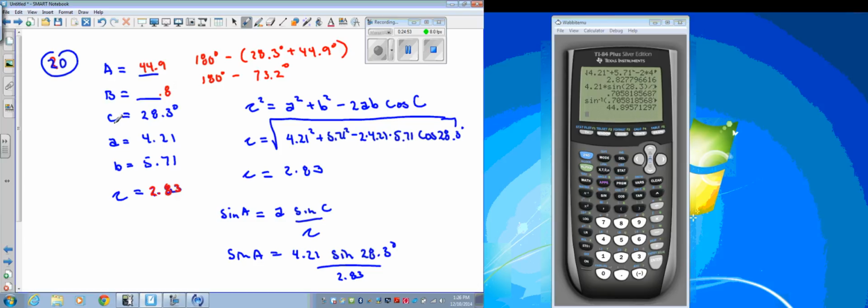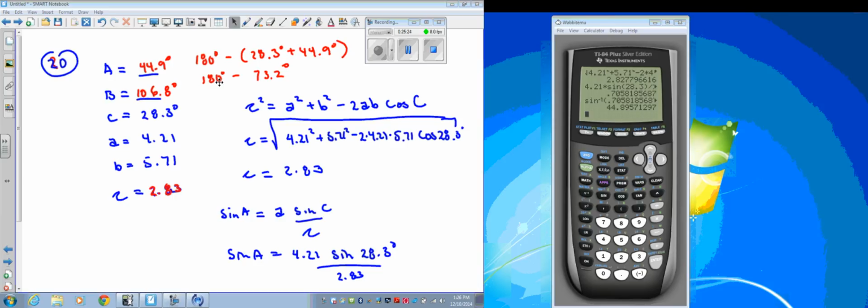Plus 0.8. Is it 106, right? 106.8. So we don't have to use the law of sines to do this last one, because we can just use that subtraction. And that's what the find the remaining angle using the angle sum formula says.